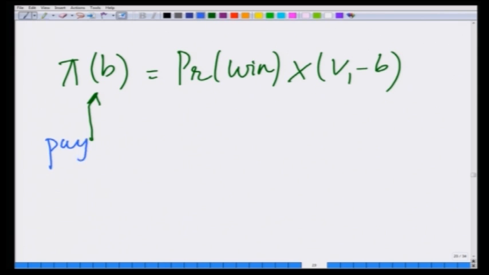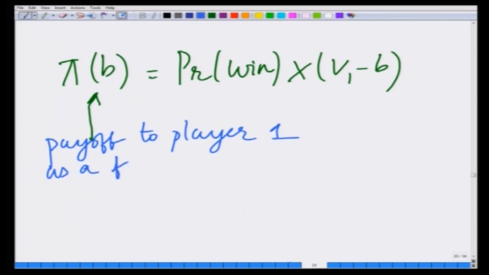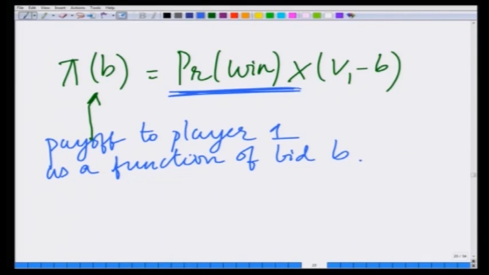It is the payoff to player 1 as a function of the bid B, and it is equal to the probability of winning times V1 minus B. It now remains to find the probability of winning as a function of the bid B. What is the probability that he wins the auction?